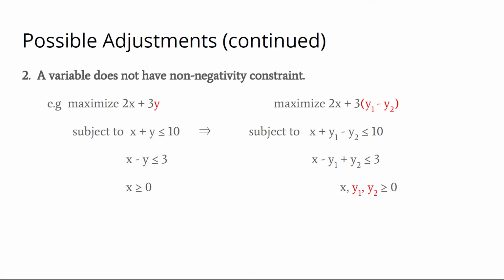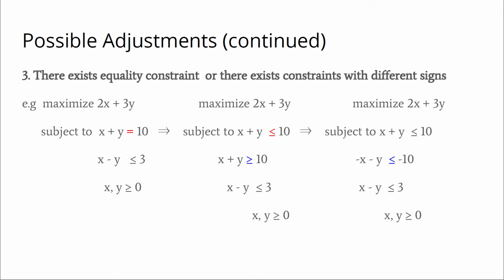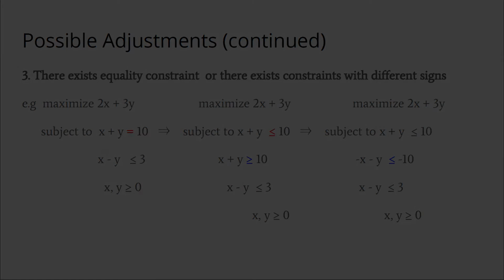Then we have a linear program in standard form like this. If there exist equality constraints, we may simply replace each by two inequalities, one with the relation less than or equal to, and the other with greater than or equal to. And if there exist constraints with different signs, we can simply negate it.